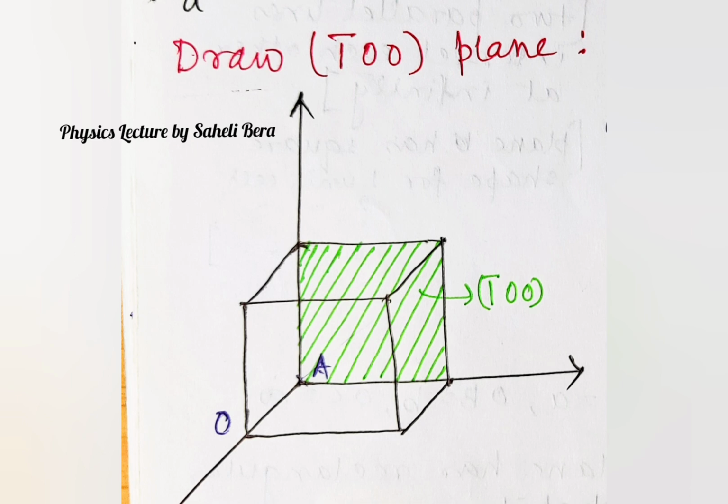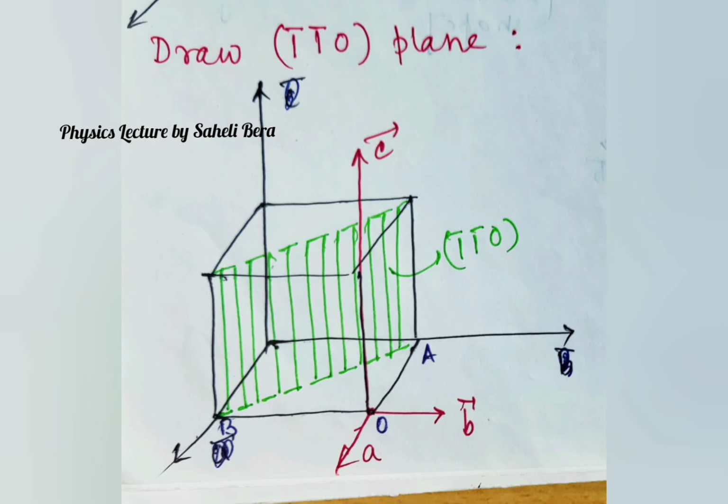The plane is indicated by the green color here. You can see the 1 bar 0 0 plane is parallel to the 100 plane, or similar. Similarly, you can draw 0 1 bar 0, which is similar to the 100 plane.